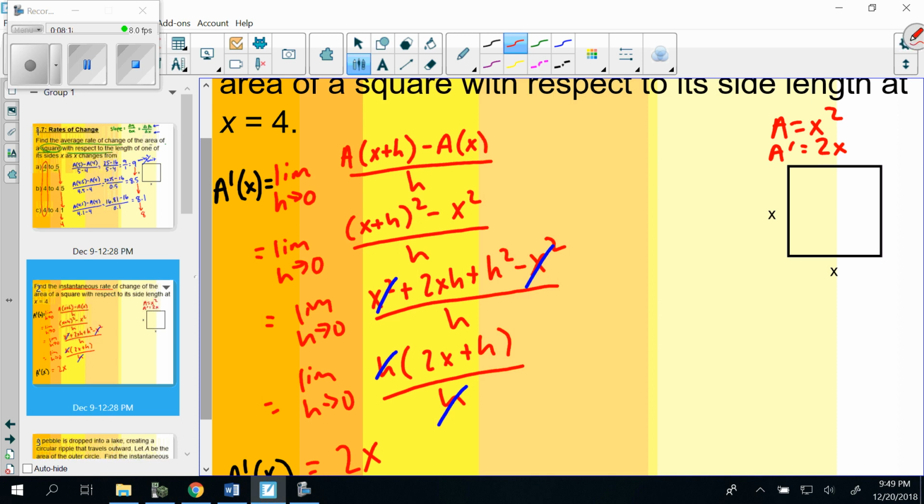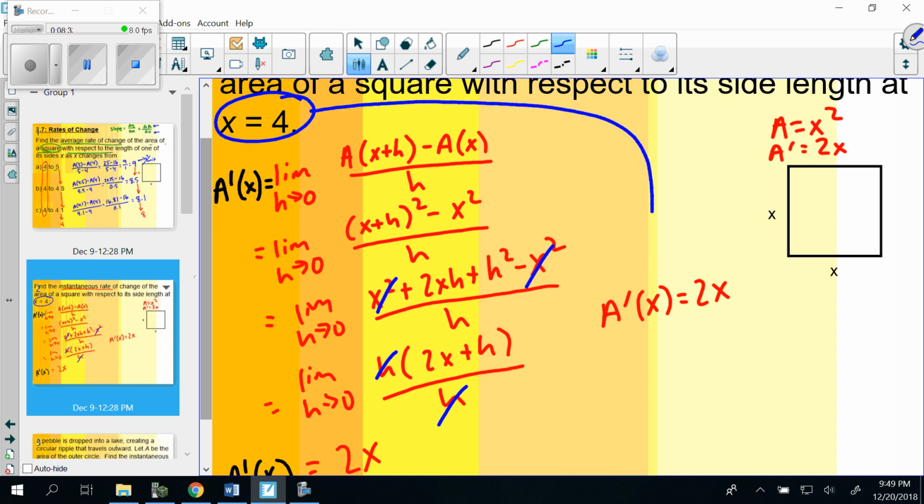But what that tells us is the area with respect to the side length is changing at 2 times the side length. So if we wanted to find out what is the instantaneous rate of change when x equals 4, now we'd want to find the derivative at 4.